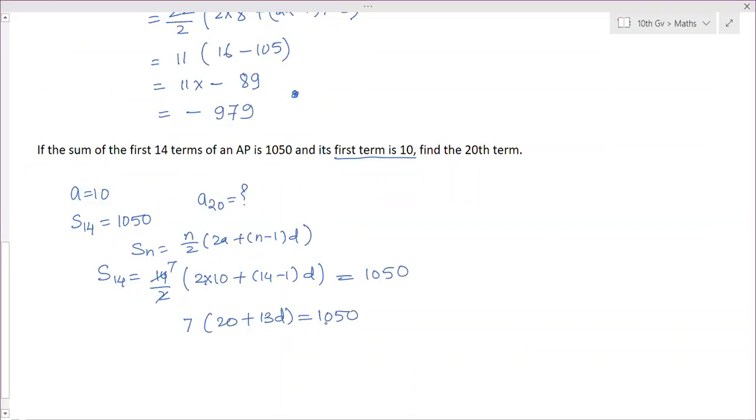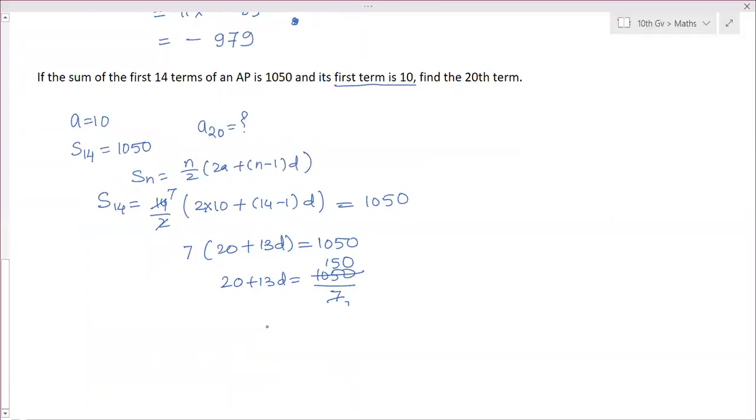Bring 7 to the RHS, it gets divided. 20 plus 13d is equal to 1050 by 7. 7 fifteens are 105, so that means it is 150. So 13d is equal to 150 minus 20, that is 130. So 13d is equal to 130, d is equal to 10.